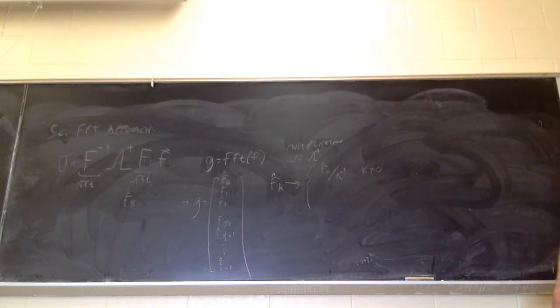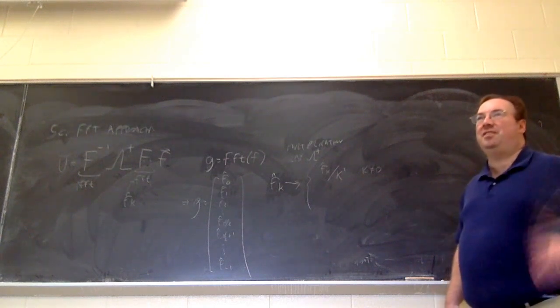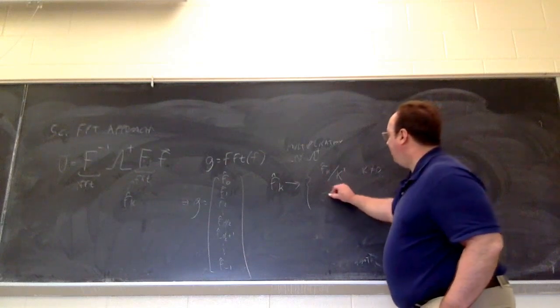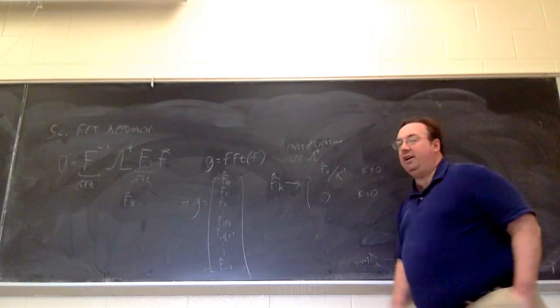But this PDE is minus uxx, so it's just going to be k squared. And then you're undoing differentiation, so that's why you're dividing by k squared instead of multiplying. And then it's going to be 0 if k equals 0.